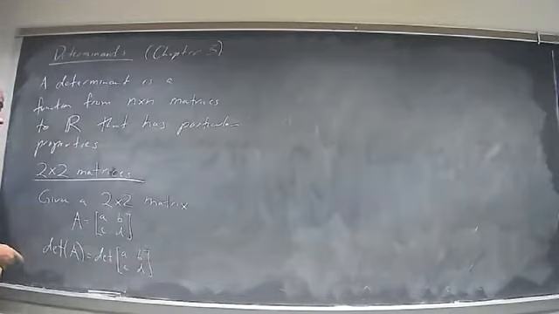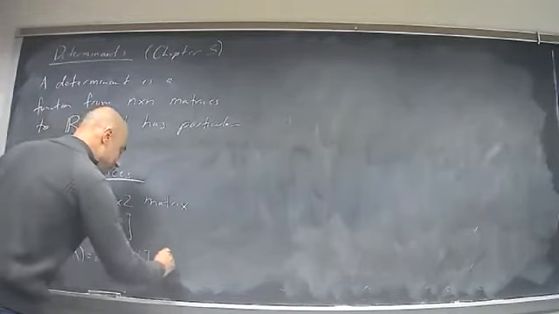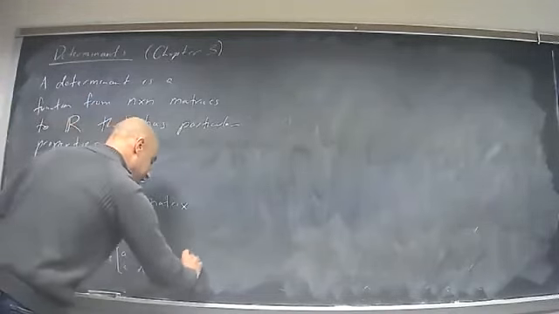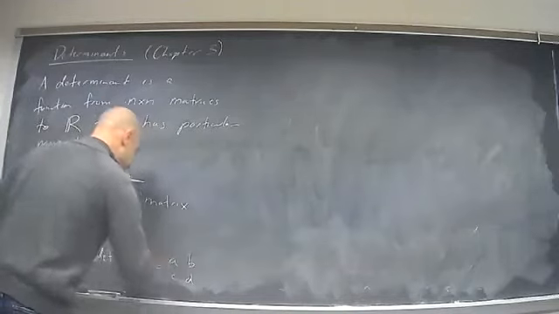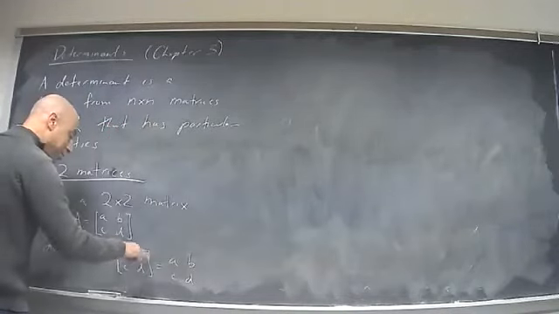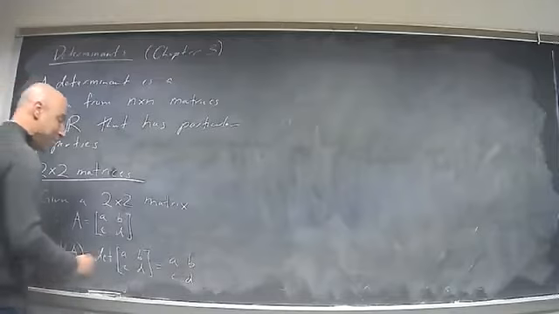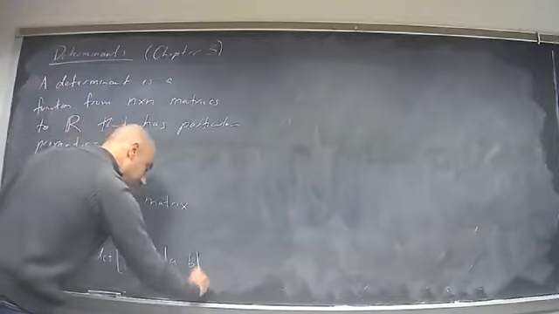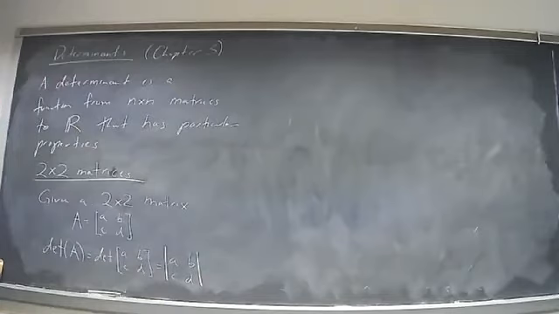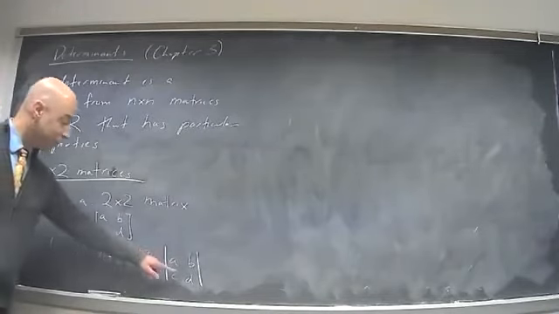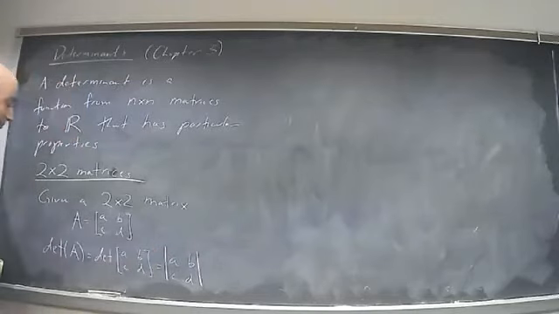Another notation that you sometimes see is the same matrix, the same entries, a, b, c, d, except instead of writing the brackets around them the way we usually write matrices, you just put bars around them. That says take the determinant of this matrix. This is an older notation, but it's still in use.